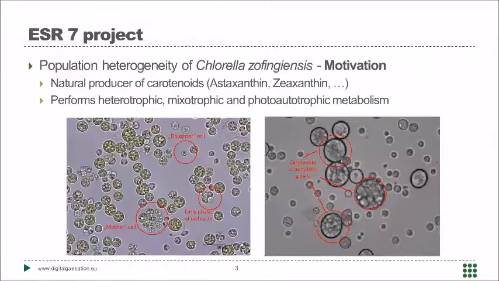And I brought here just an example of one of our working horses, which is Chlorella zofingiensis, a natural producer of a broad variety of carotenoids, for example, astaxanthin, zeaxanthin, canthaxanthin. It's a really interesting biological system because it can perform this carotenoid synthesis under a wide range of conditions: photoautotrophically, mixotrophically, and heterotrophically.